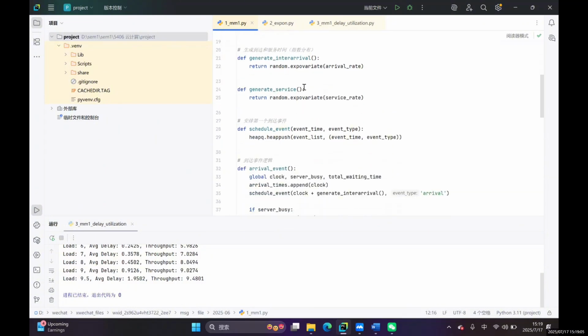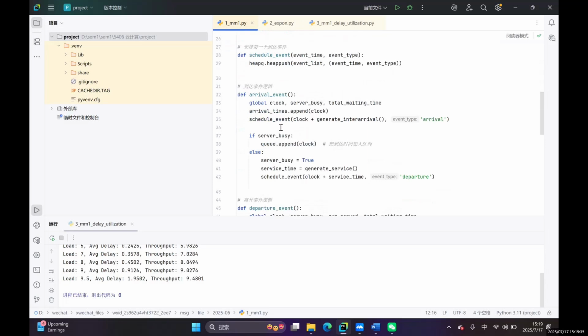Then I defined 2 functions, generate interarrival and generate service. One produces random arrival times following an exponential distribution, and the other produces random service times. These two reflect the real-world randomness in packet arrival and processing.